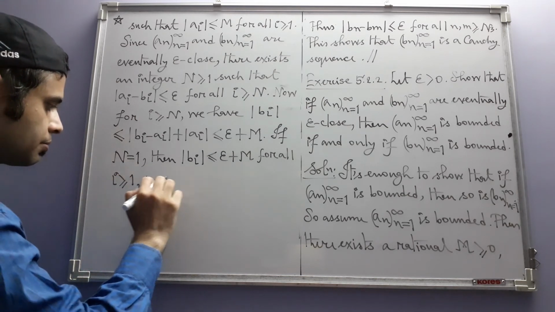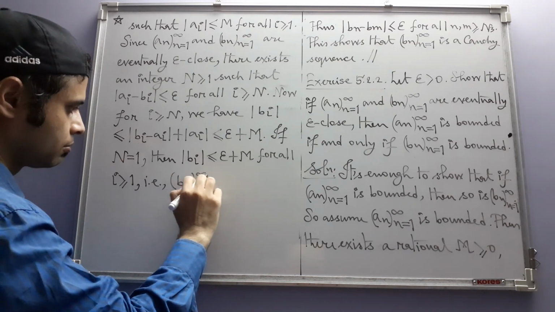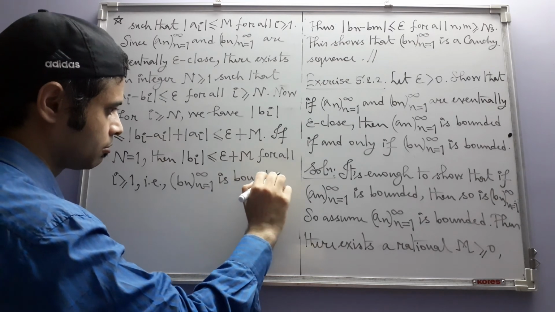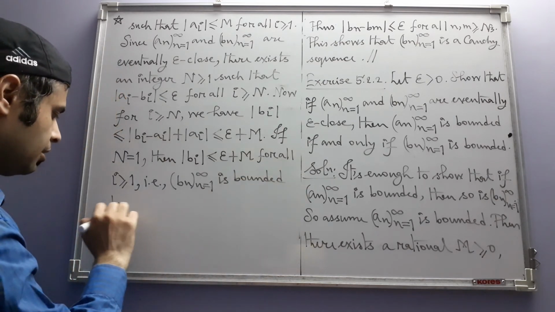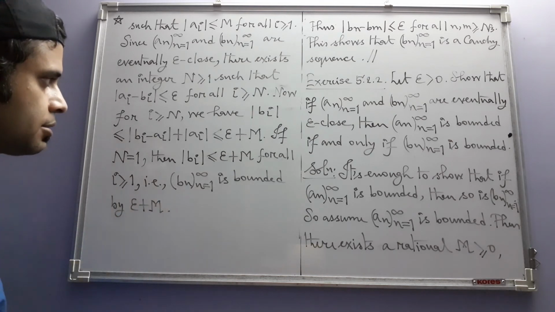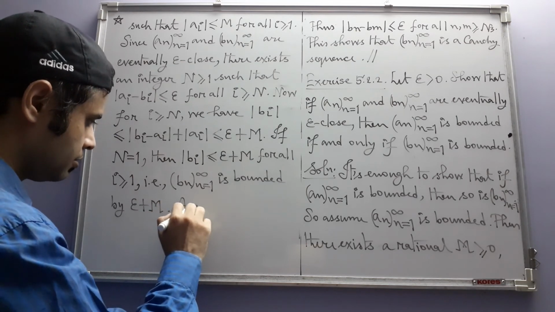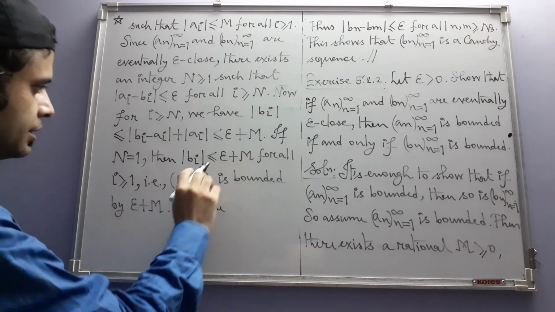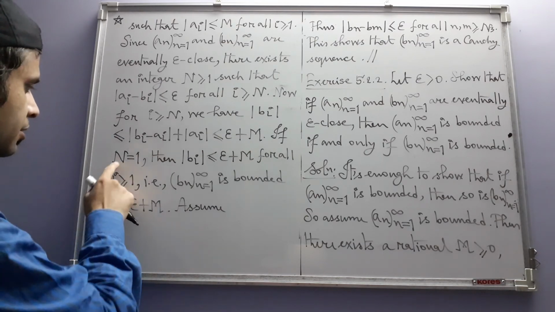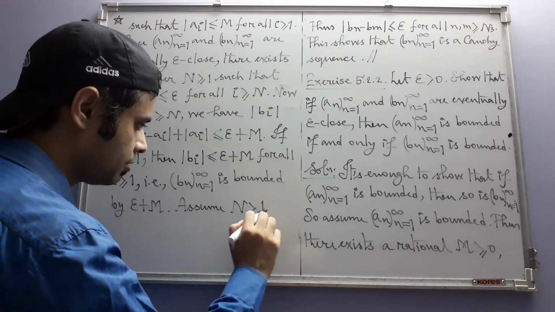That is, this is bounded by epsilon plus m. This is the case when capital N is equal to 1, but it may not be equal to 1 also. It may be greater than 1. Now assume N is greater than 1.